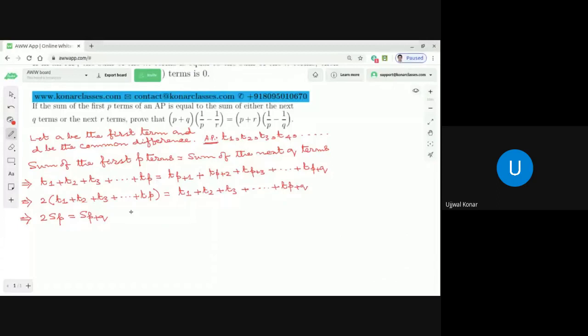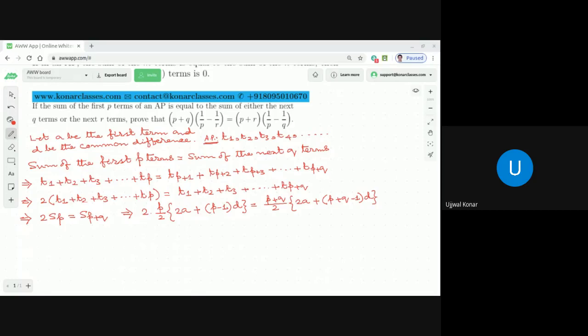Now let's apply the formula. So what is the formula? 2 into the sum of the first P terms. If you apply the formula, P by 2 into (twice A plus P minus 1 into D). That should be equal to (P plus Q) by 2 into (twice A plus P plus Q minus 1 into D). Correct or not?